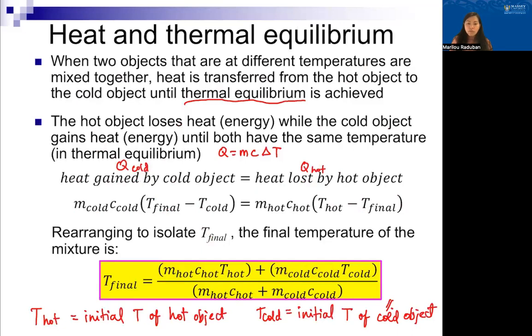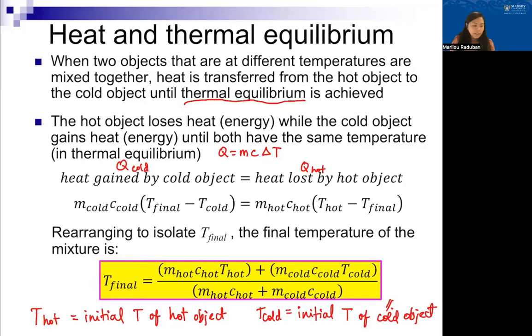So the T hot and T cold are initial temperatures. When the hot and cold objects are mixed, their temperatures will change until they arrive at the final equilibrium temperature. At this point, the temperatures of the two objects will be the same.